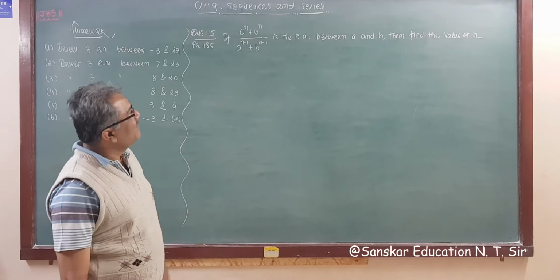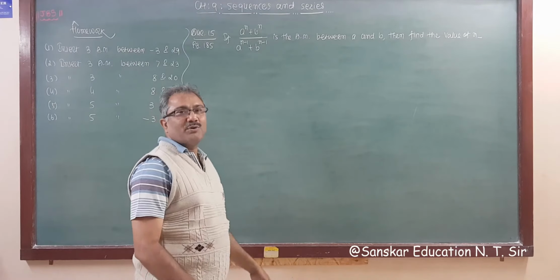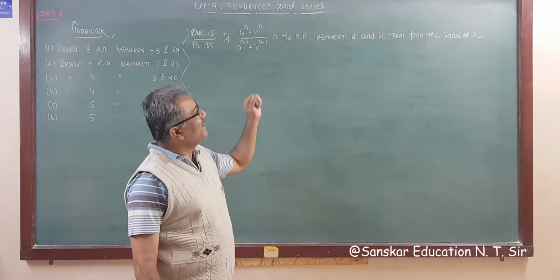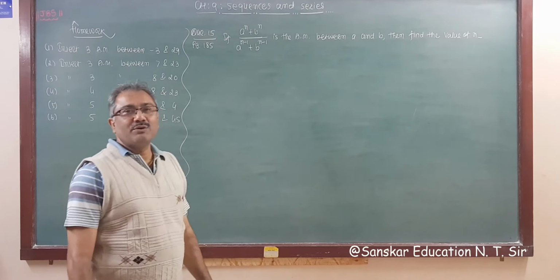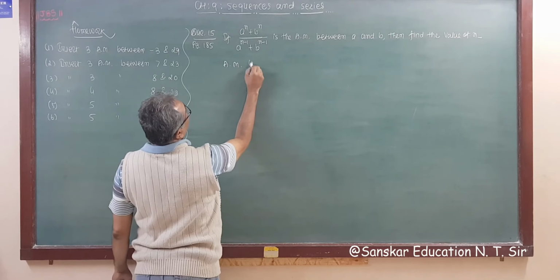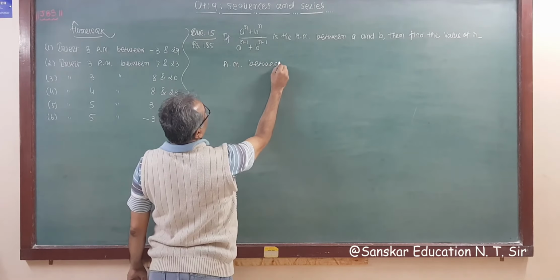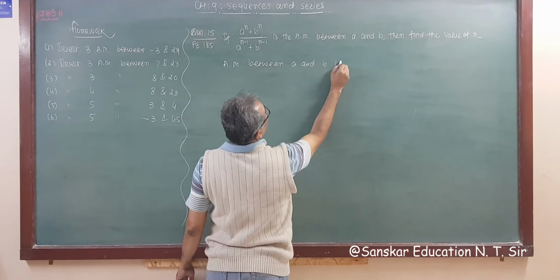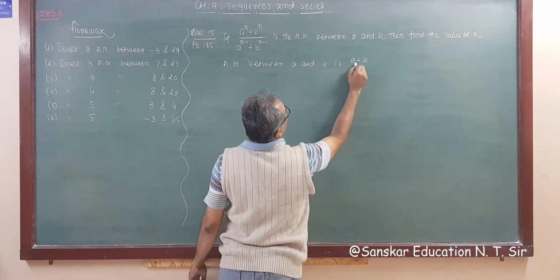It is given that (a raised to n plus b raised to n) upon (a raised to n minus 1 plus b raised to n minus 1) is the AM between a and b. So you know the AM between a and b is (a plus b) by 2.